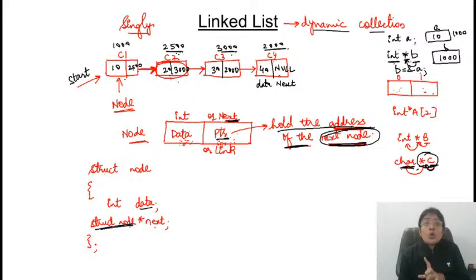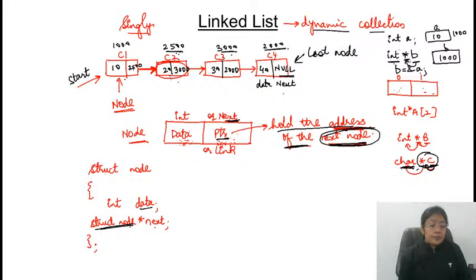So the last node of the linked list always contains null in the next pointer. So if you are traversing some linked list and at some position you get null in the next part, this means that that is the last node of the linked list. So null represents that this is the last node of the linked list.